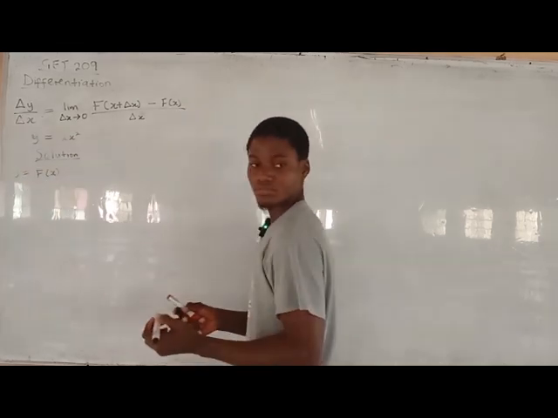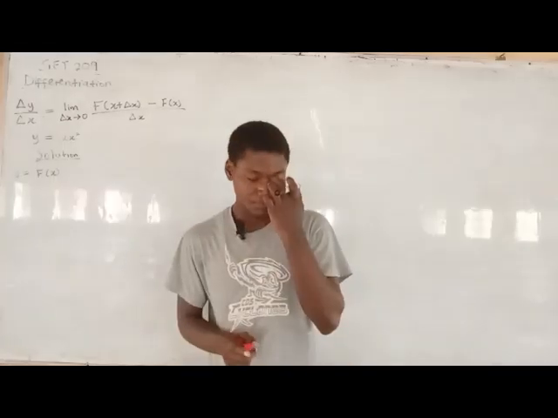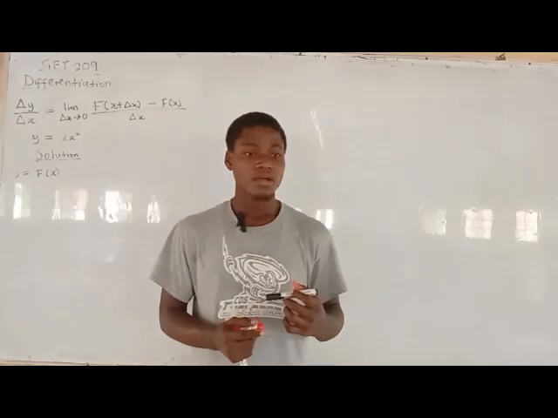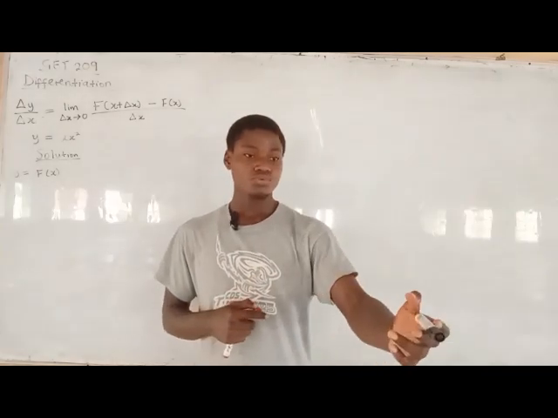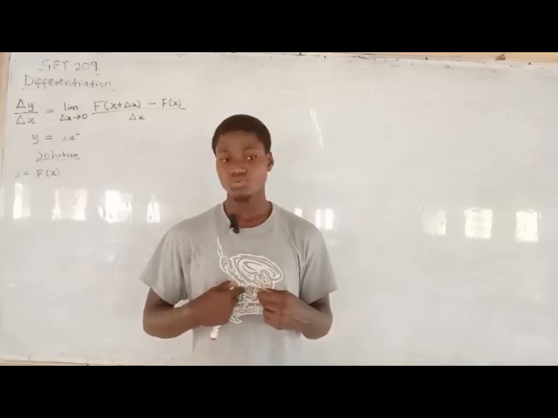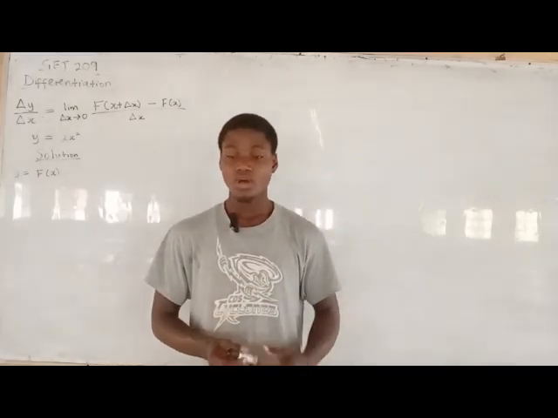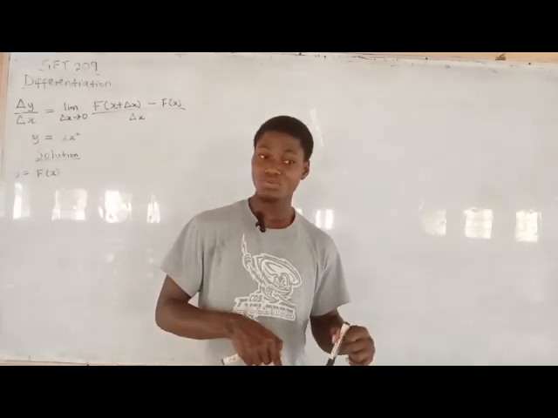X. What we mean by function of x is simply this. Take for instance, whatever you are going to do depends on what I am going to do, and whatever you are doing now depends on what I am doing now.